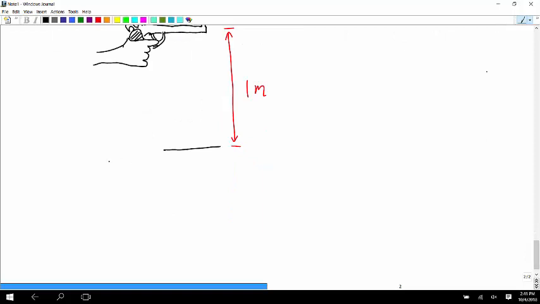Yeah, so we're gonna do these two things again. Time equals 0 and time final, and then we have to choose an origin location and an orientation of the coordinate system. Time equals 0 is going to be the instant it's fired. Time final is going to be when it hits the ground.